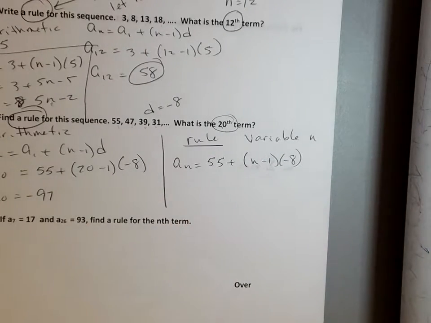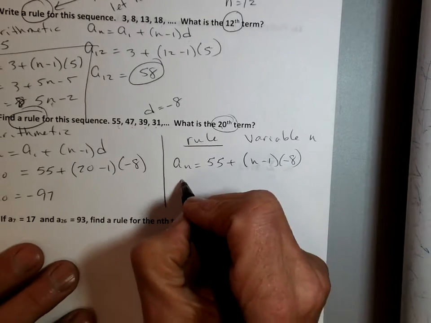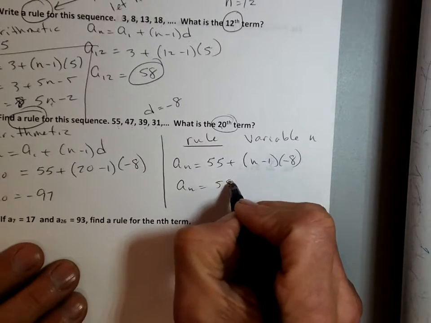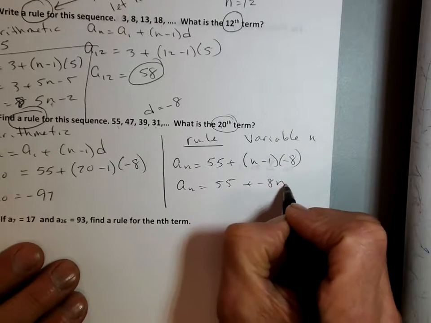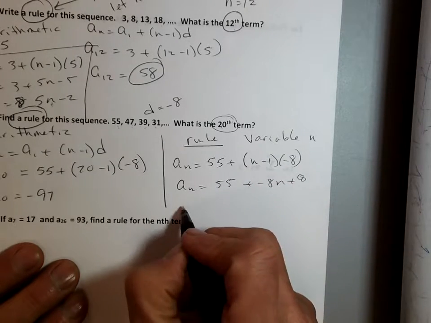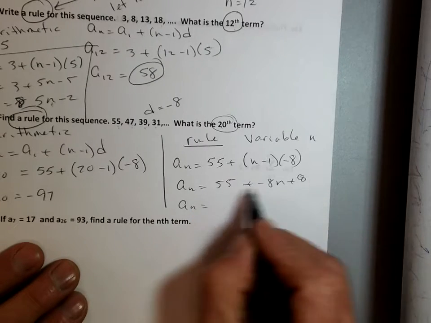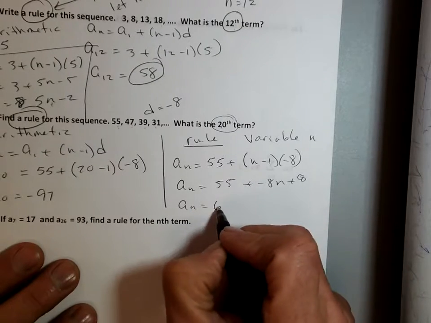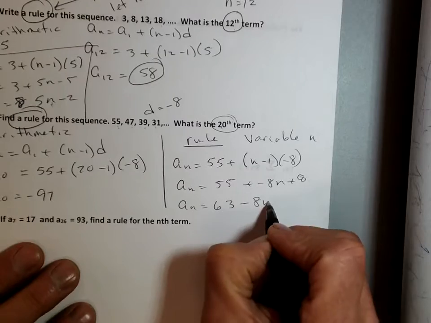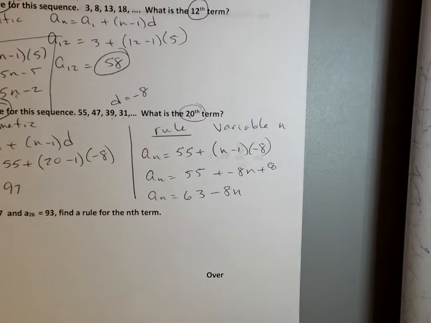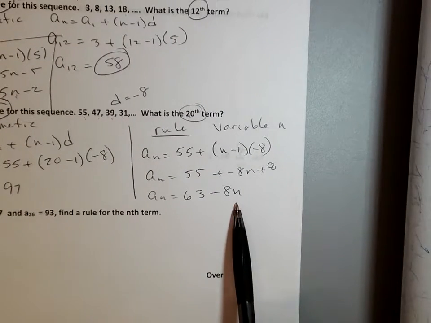That is the correct formula, but I'm going to simplify it. A of n equals 55 plus -8n plus 8, or A of n equals 63 minus 8n.